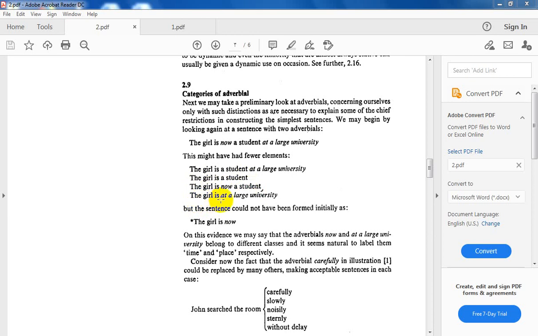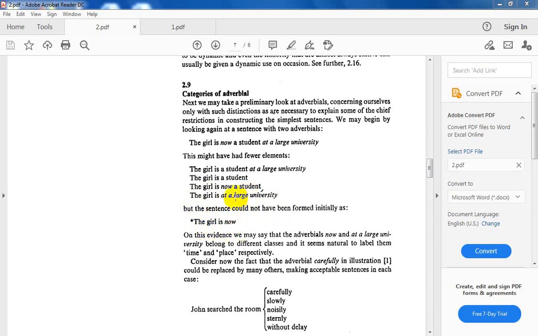But the girl is at a large university. Here again SVA. This A is an adverb of place. But I cannot have the girl is now.